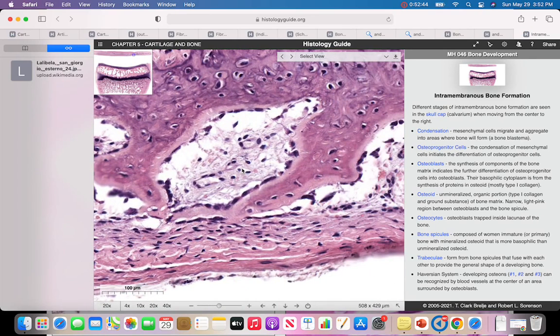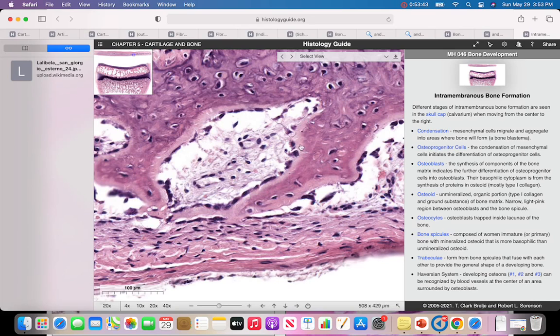This is a bony spicule, or spongy bone, and it's lined with endosteum. And endosteum consists of osteoprogenitor cells and osteoblasts. So these are active osteoblasts, and these active osteoblasts produce osteoid or prebone. This osteoid or prebone, as you see, appears lighter in staining.